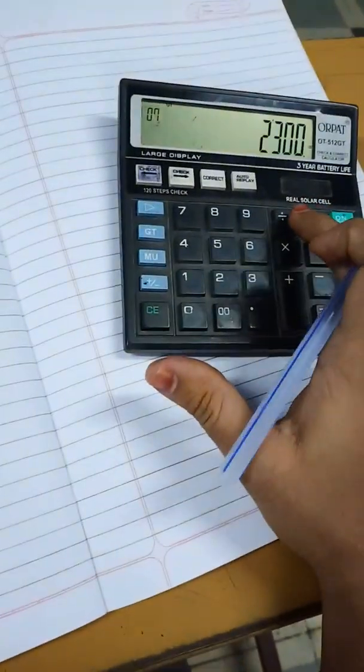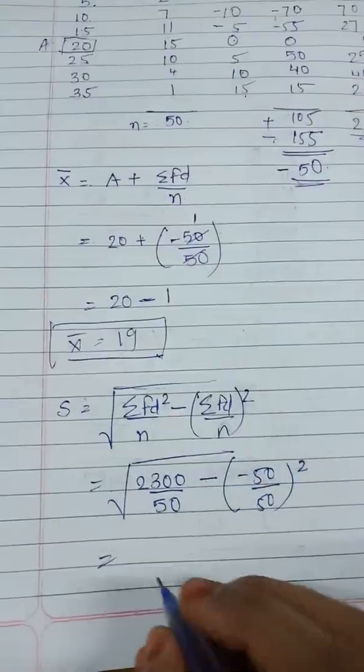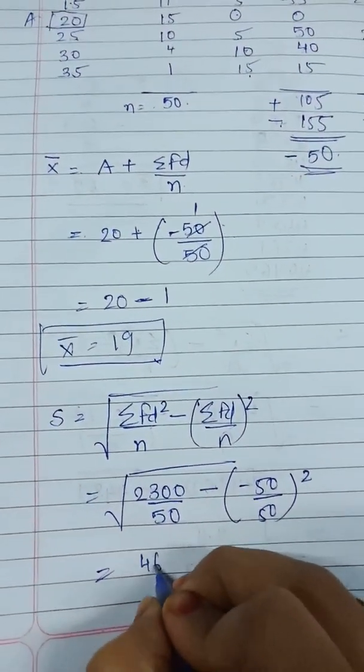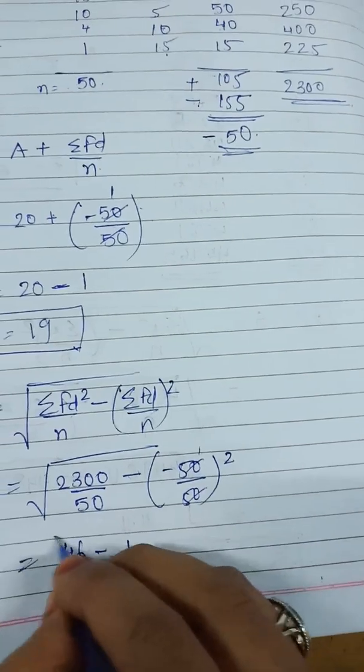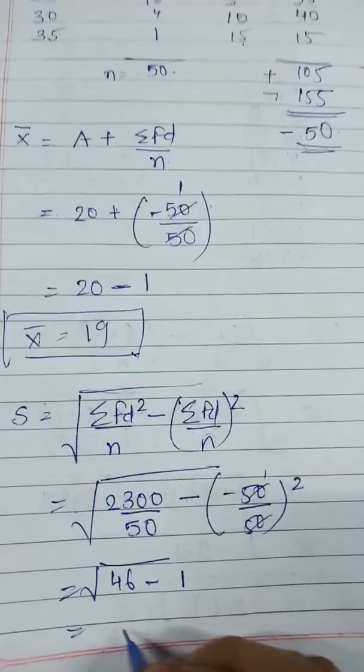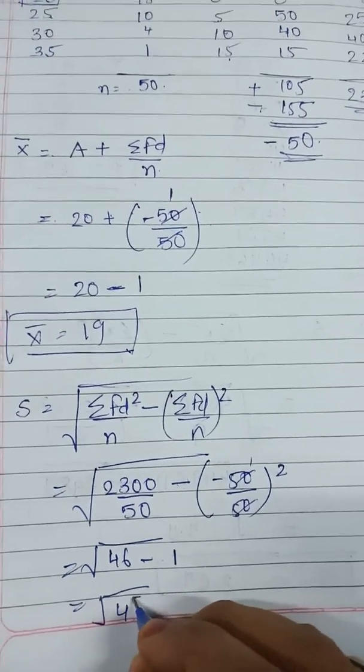So 2300 divided by 50 comes to 46. So 46 minus the square of 1, that will be 1 only, square root. Then 46 minus 1, 45.